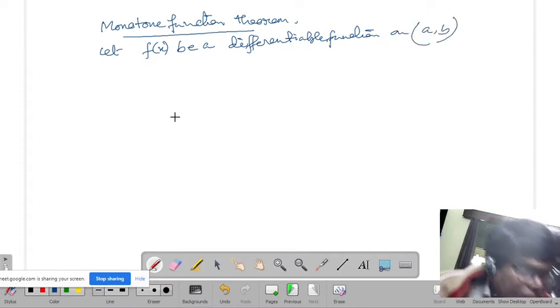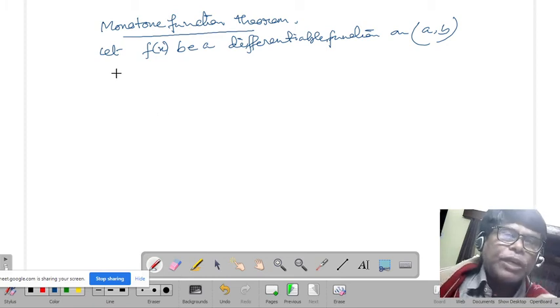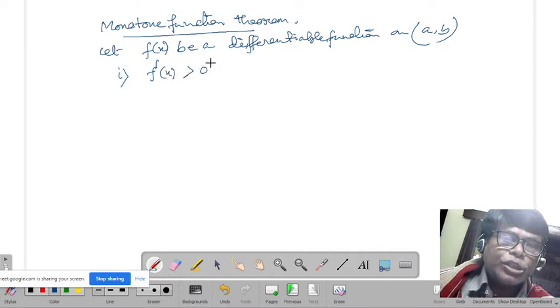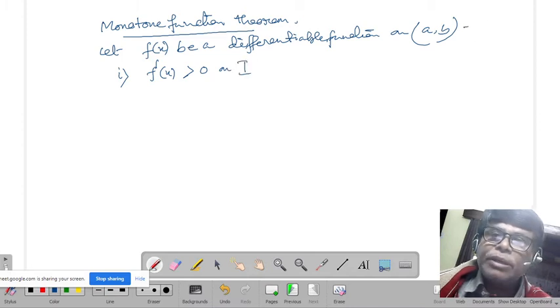Now first, if f dash x is greater than 0 on I, this interval, this implies f(x) is strictly increasing.